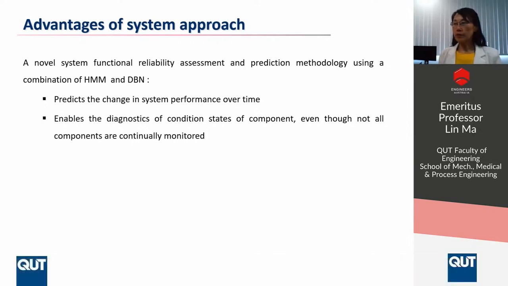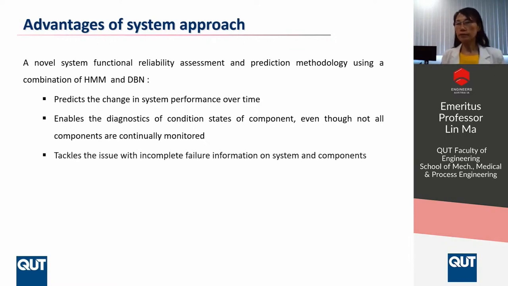And even though we probably don't have continual condition monitoring for each component or each part of the system, we still can have predictions for those components, because our modeling approach uses methods like the hidden Markov model, where you don't need a lot of condition data.